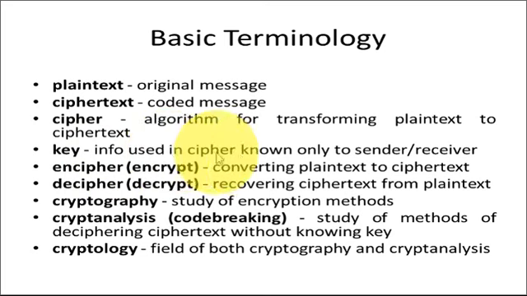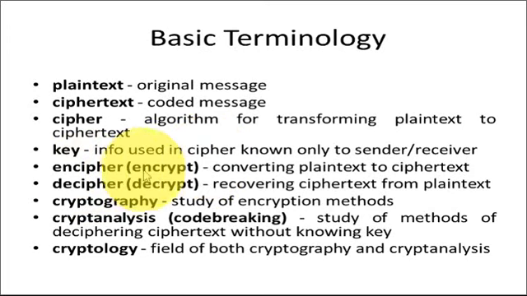This is the information used in the cipher, known only by the sender and the receiver. So this key should not be known by others, that is intruders. But that key should be a common key. Both sender and receiver have the same type of key, the same secret information.